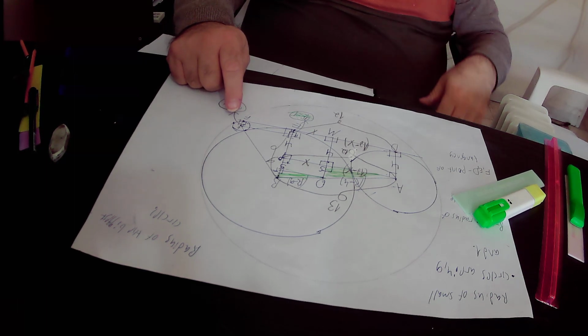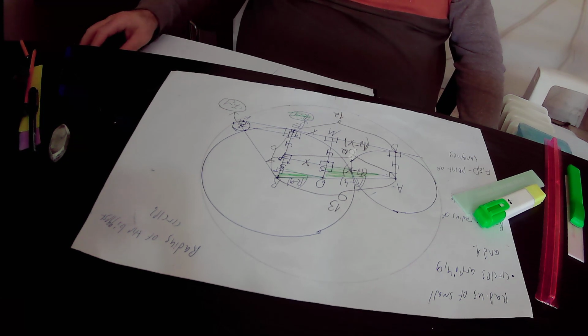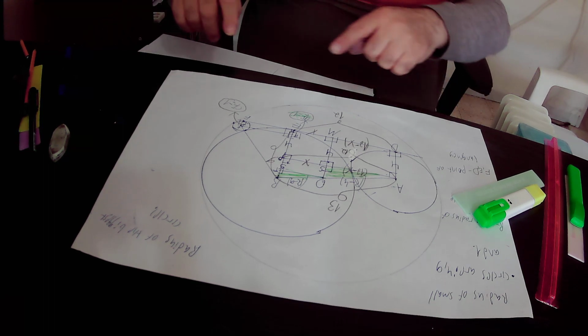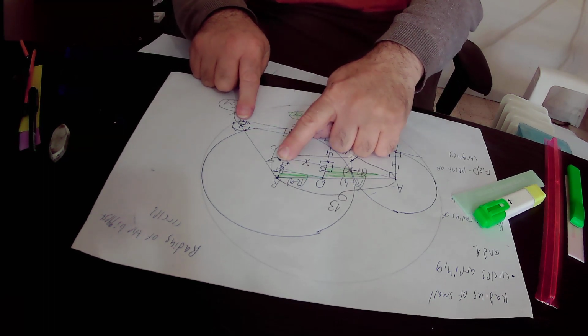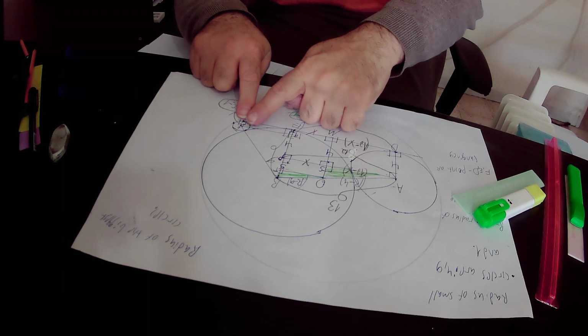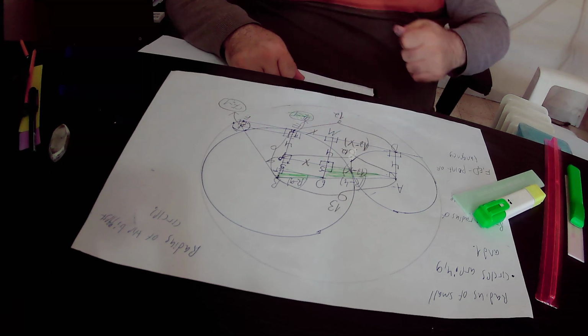And those two circles are tangent to each other externally, touching each other externally at this point.